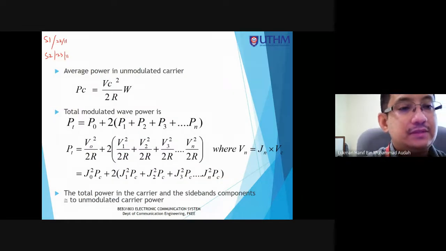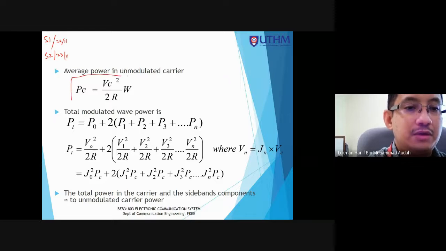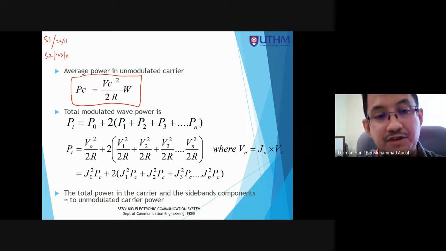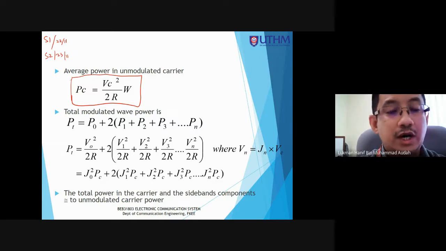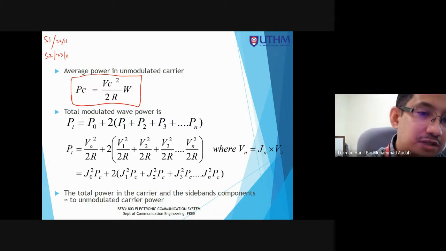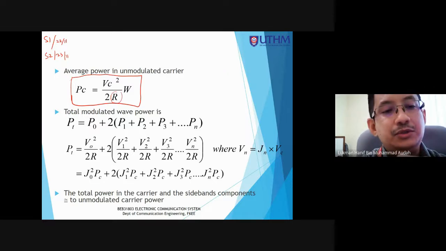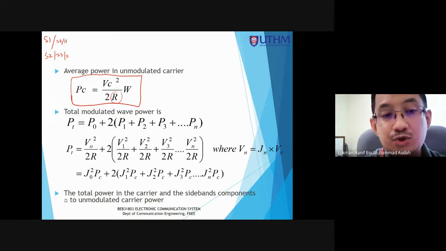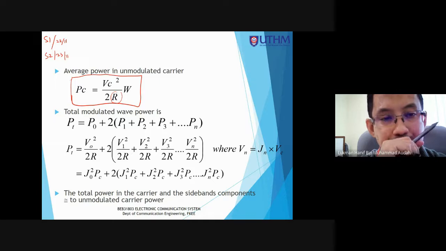So this is the carrier power that we have looked at from the previous slide. Carrier power Vc square over 2R. Now only here is the R written. So don't be confused. The R still exists. R must be there.